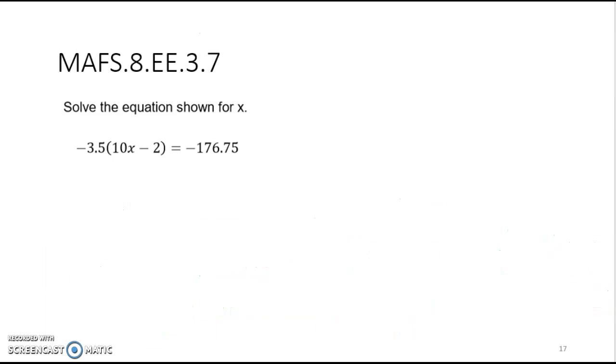All right, so let's go ahead and continue this solving for x. So remember when we solve for x, if there's distribution, we need to distribute. So negative 3.5 times 10x would give me, I believe it's 35. Let's check it out. So negative 35x. Negative 3.5 times negative 2 would be positive 7.